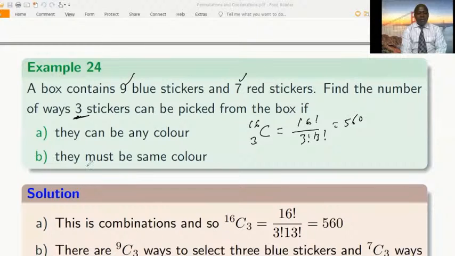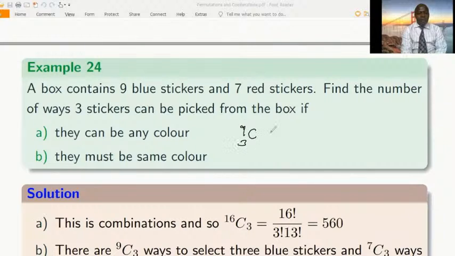Now, this question involves colors, and it says they must be the same color. So if they must be the same color, then there's a possibility they could be blue. So we can select 3 out of the blue, which are 9.